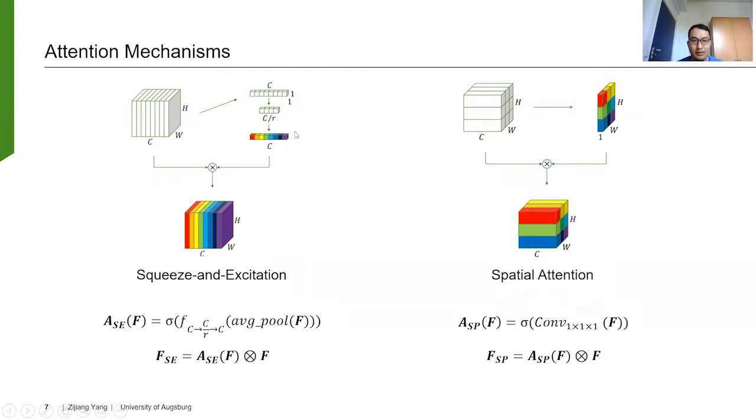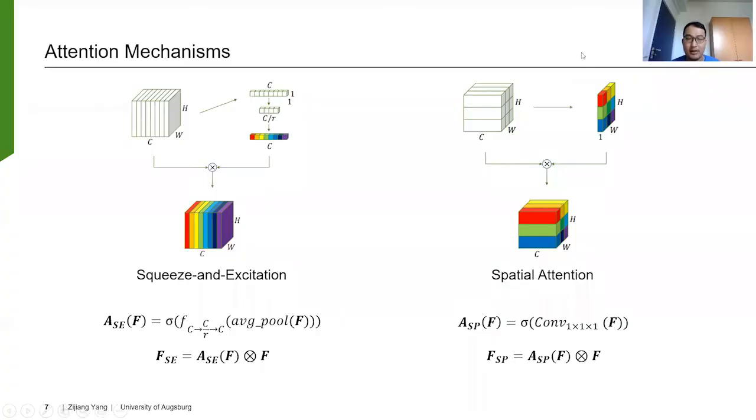Then we use 2 dense layers to change the length of the channel descriptor from C to C over R, and back to C again. The output of the squeeze and excitation is calculated by multiplying the input vector by the channel descriptor. And the equation of the squeeze and excitation is here.